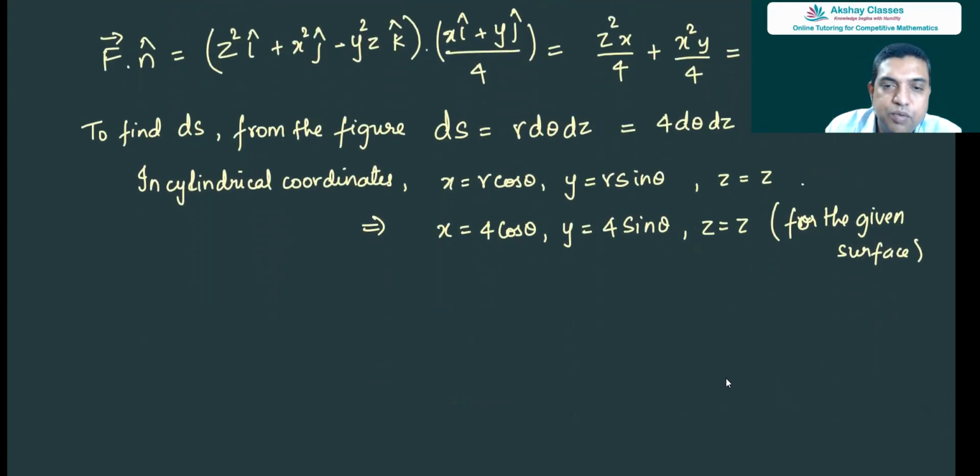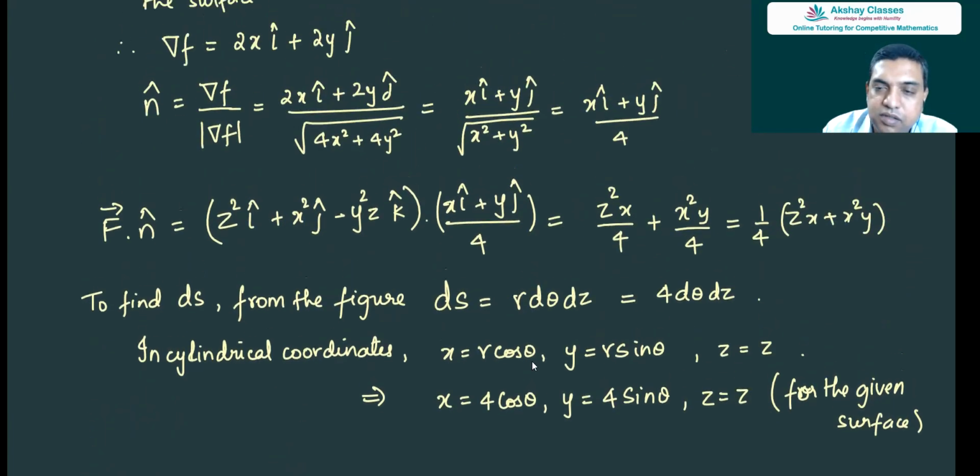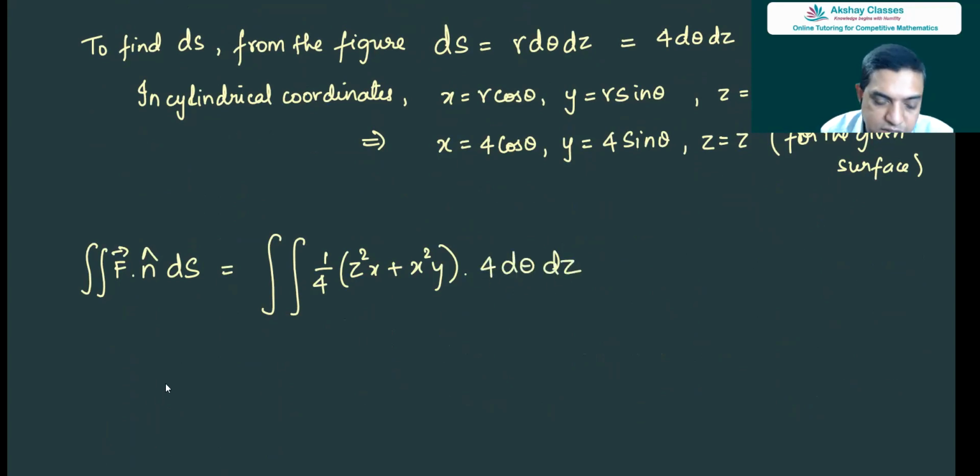So now we have to integrate. The integral of f dot n ds is the integral of 1/4 z square x plus x square y times ds, which is 4 d theta dz.